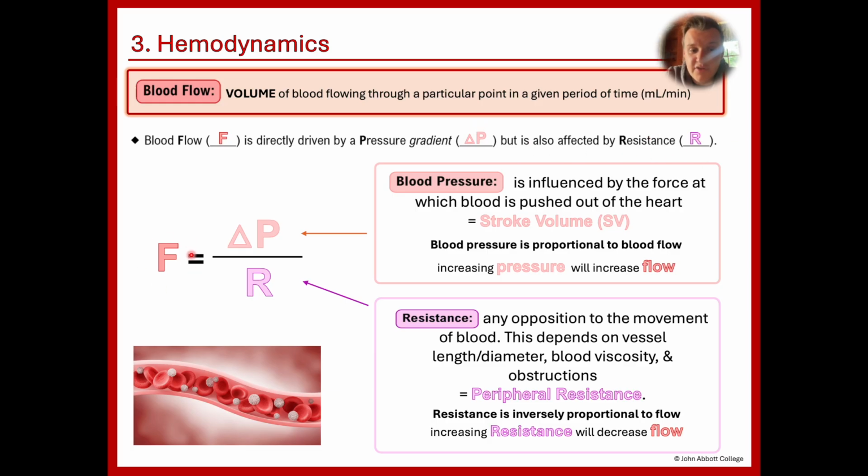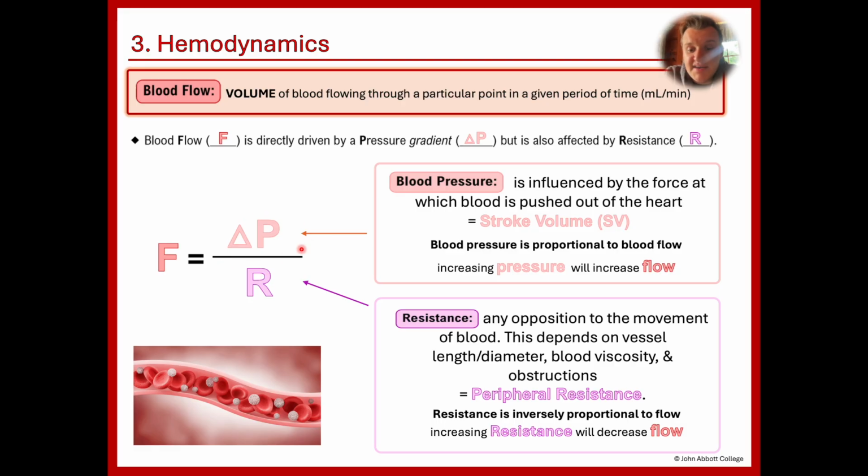So the blood flow, I know this looks mathy, but don't worry about it. The blood flow is equal to the pressure in the vessels, divided by the resistance, okay? Let me make this simple. Blood pressure, this delta P here, is influenced by the force at which the blood is pushed out of the heart.